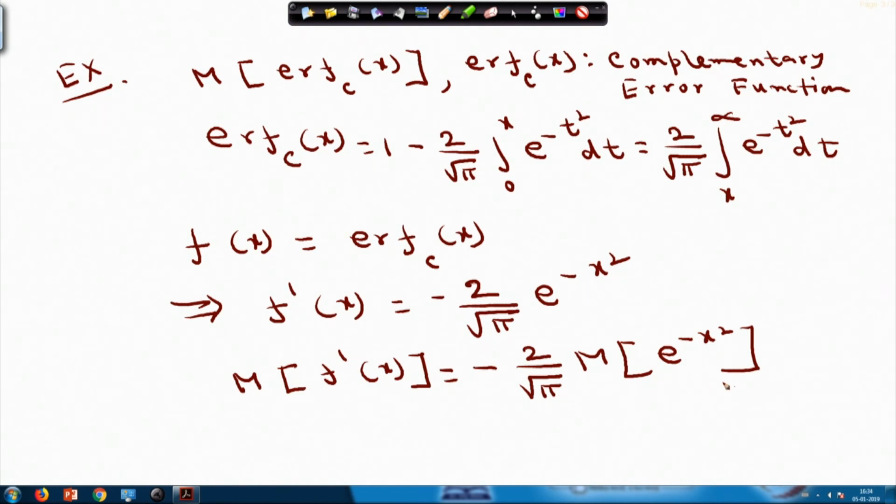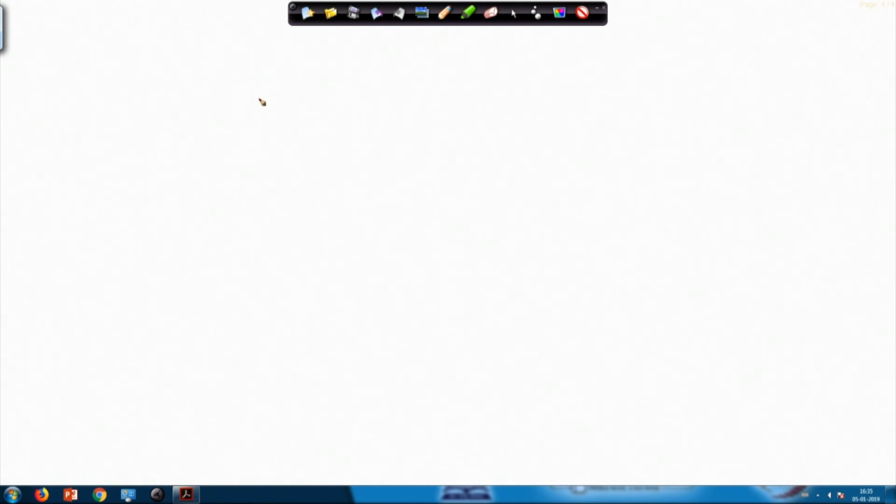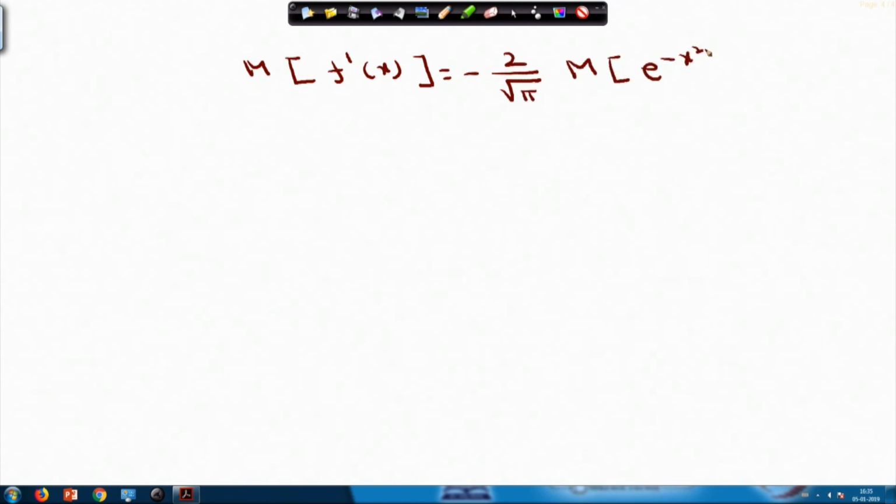I know the Mellin transform of e power minus a x square, and the Mellin transform of f dash x I can write using the other property. So, the Mellin transform of f dash x is minus (s minus 1) into F bar of s minus 1, which we have used earlier also.